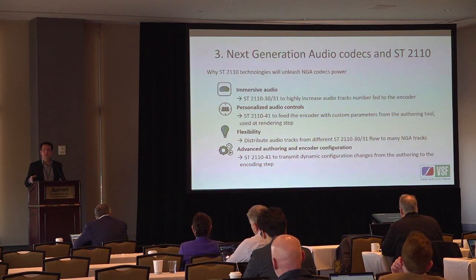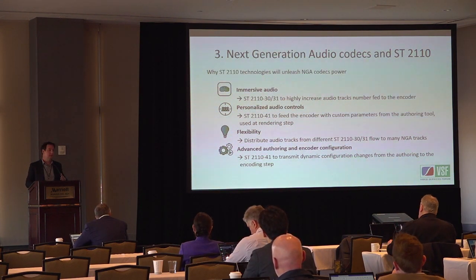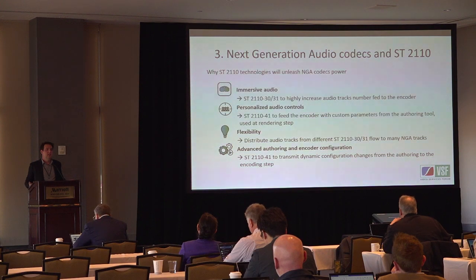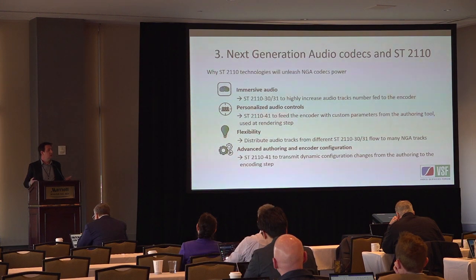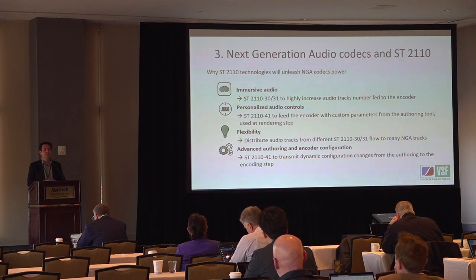If you want a 5.1.4 mix and you want to present it both in Spanish and English, that's already 20 channels you need to move around. That's really difficult to do in SDI. With 2110, I think a flow is limited to 8 channels, but you can have as many flows as you want, which unlocks a lot of possibilities in order to basically provide a more immersive experience to the end user.